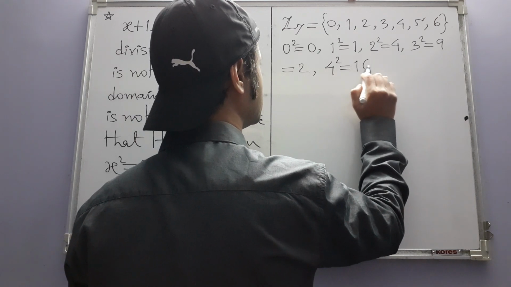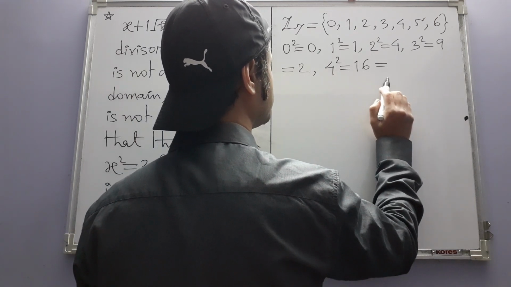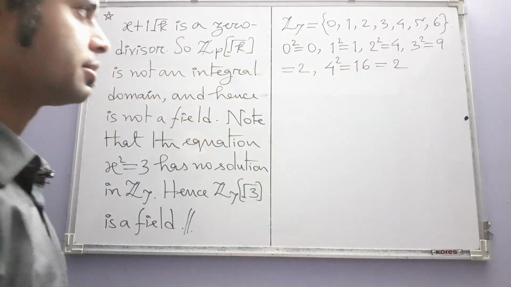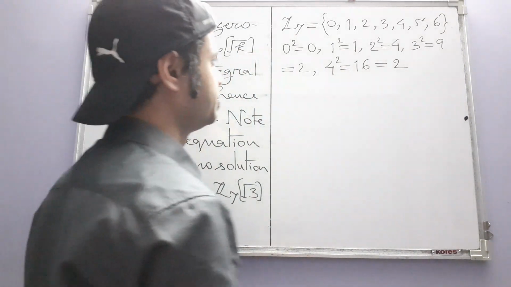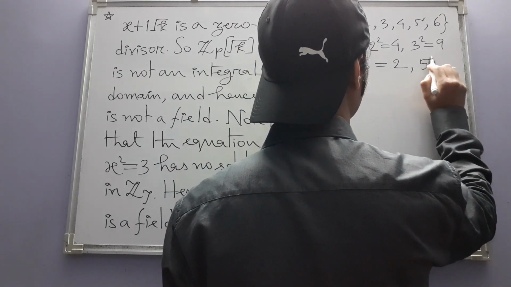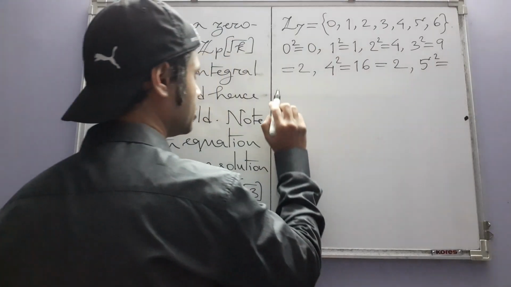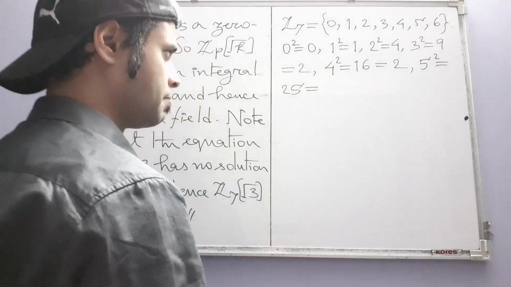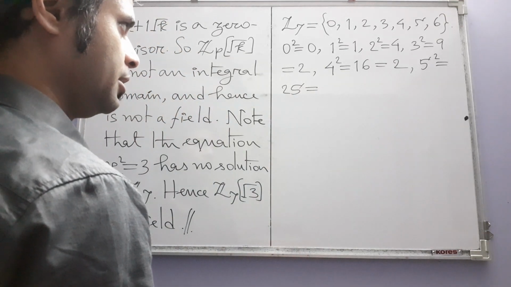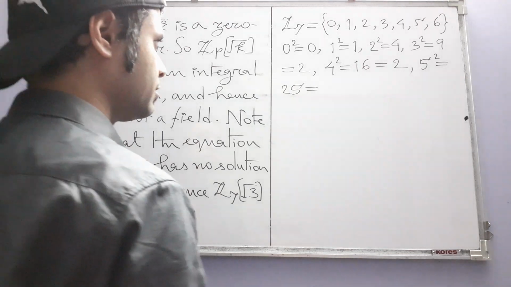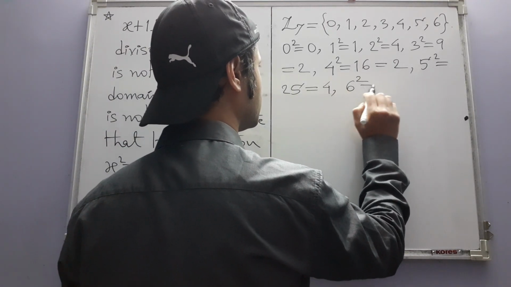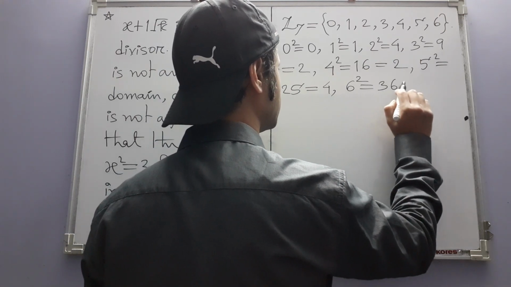4 square is 16, again 2, because 14 is divisible by 7. 5 square is 25. 3 times 7 is 21, that means 4. And 6 square is 36.